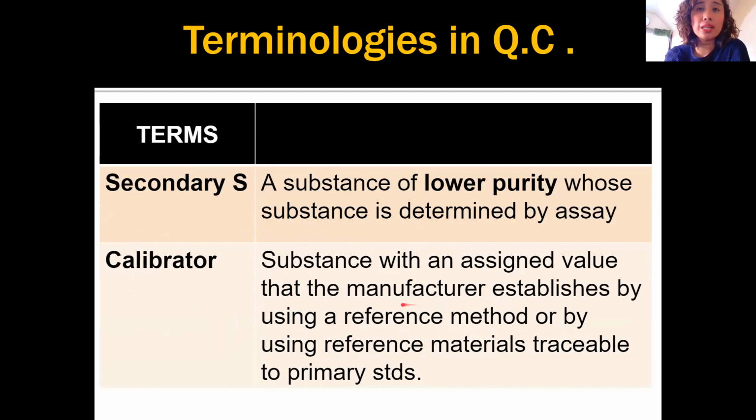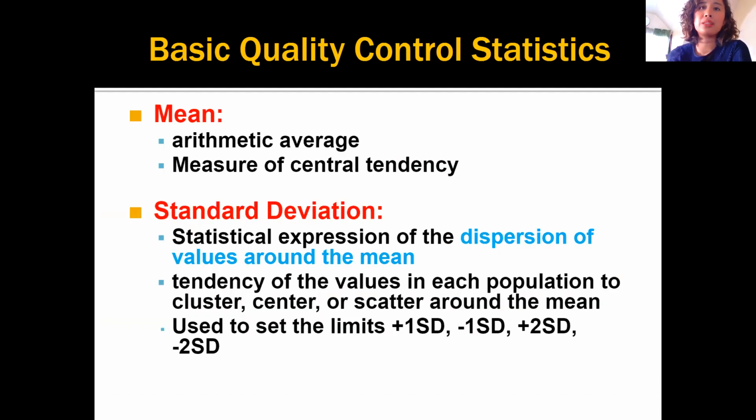Substance with an assigned value that the manufacturer establishes by using a reference method or by using reference materials. Ay, may assigned value rin siya. So, it's also called as control, yung calibrators natin. So, yan. Yung mga calibrators, guys, we use it before running our patient specimen. Okay? So, yung mga standards natin, we use it every time we run our patients. So, yun. Control, bago. Yung standard, lagi lang natin ginagamit yan.